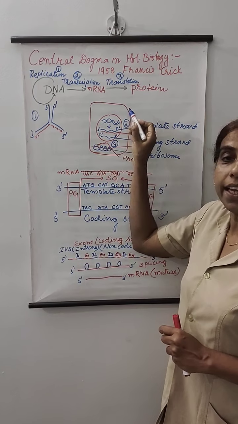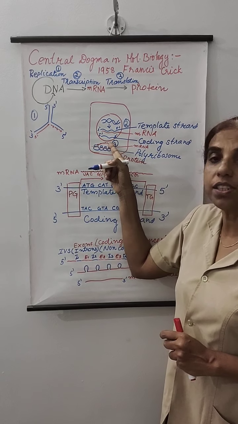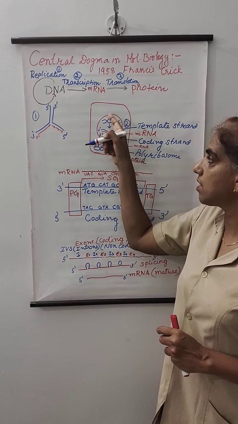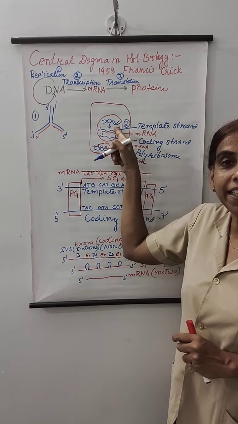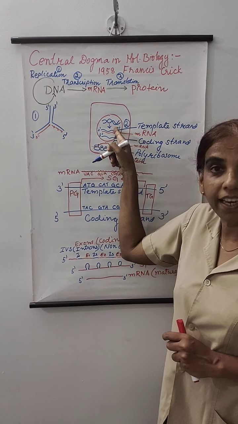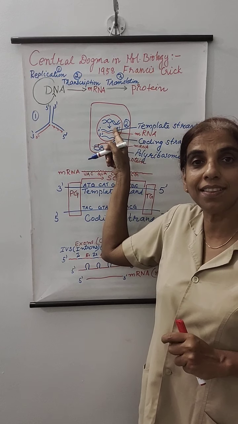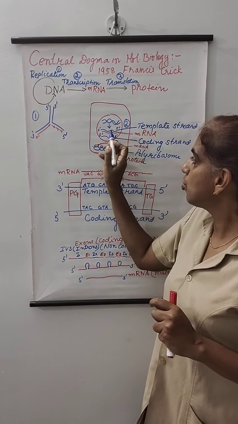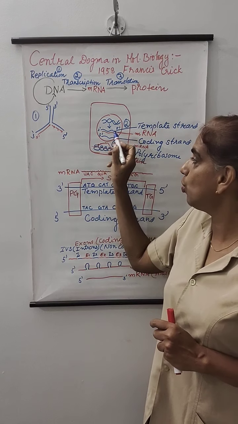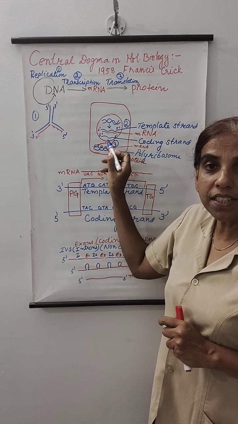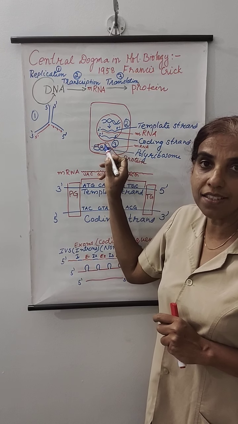You can see a complete cell which has the nucleus. This nucleus is carrying the genetic material DNA, which is coded with many messages for the synthesis of protein. So this DNA molecule now is splitting into two strands.